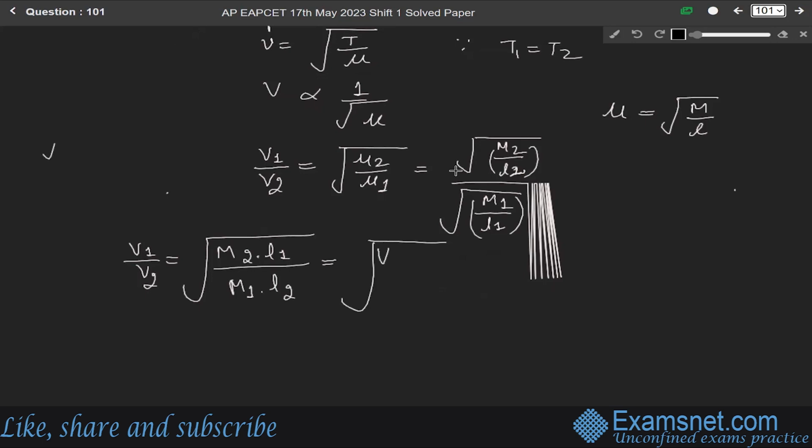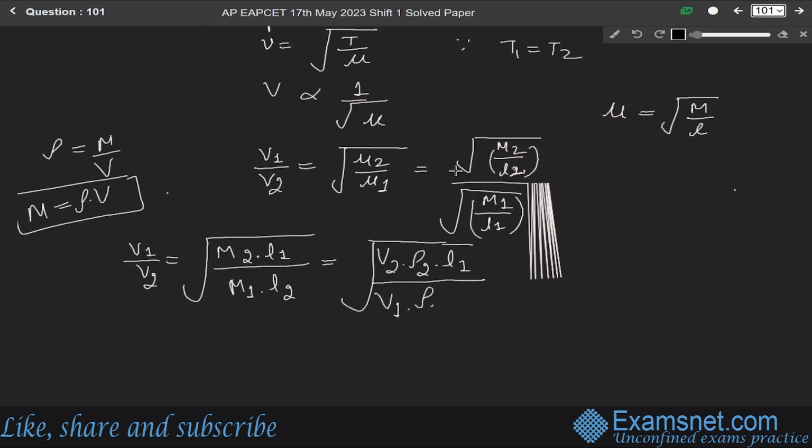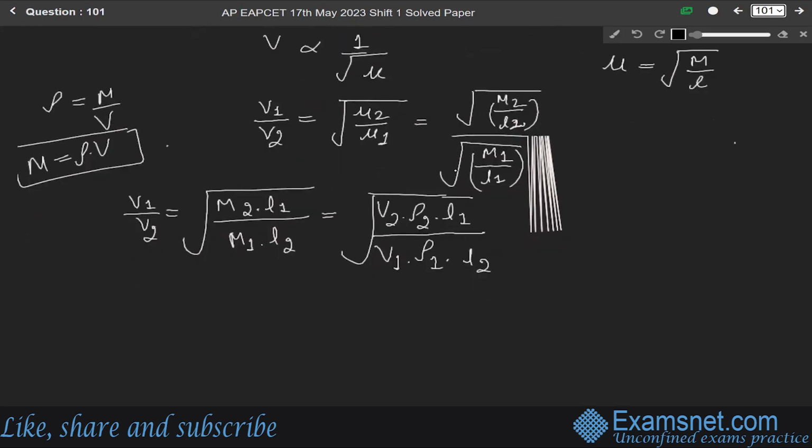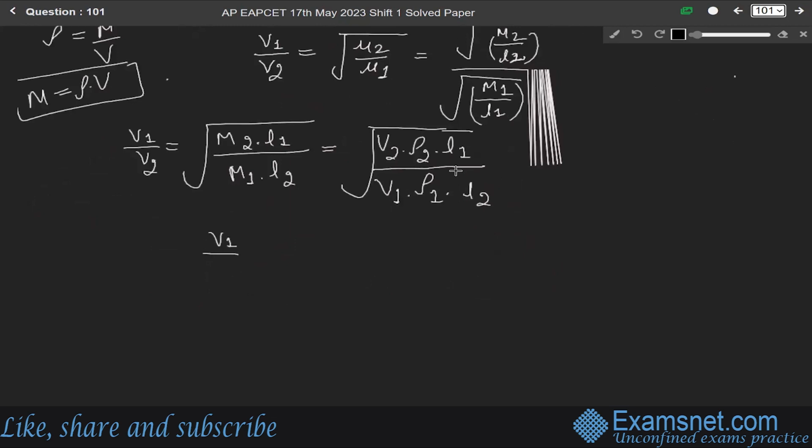Density equals mass over volume, so mass is density into volume. Here M2 will be V2 into rho 2 into L1 over M1, which is V1 into rho 1 into L2. Now volume is what?